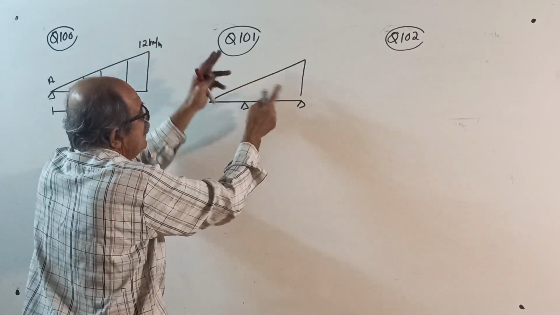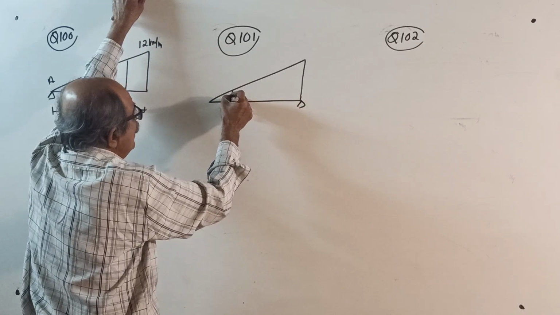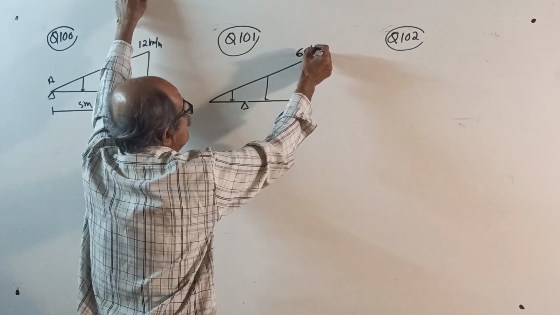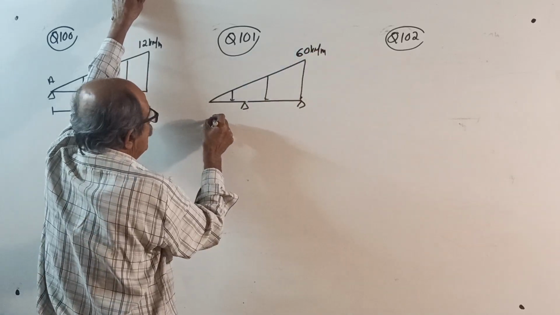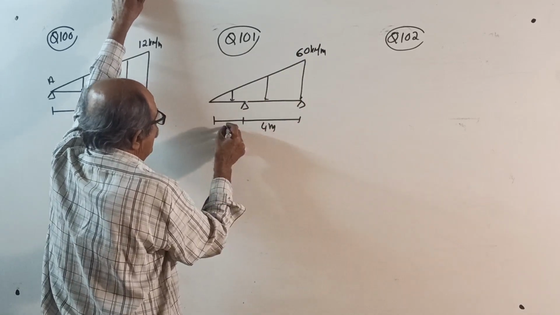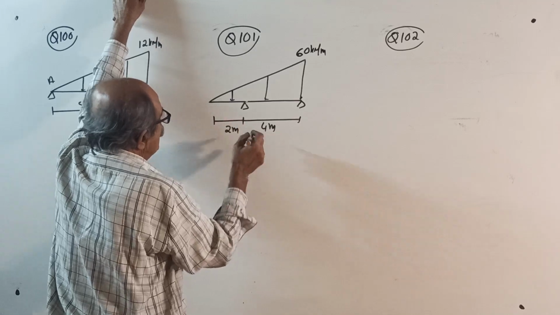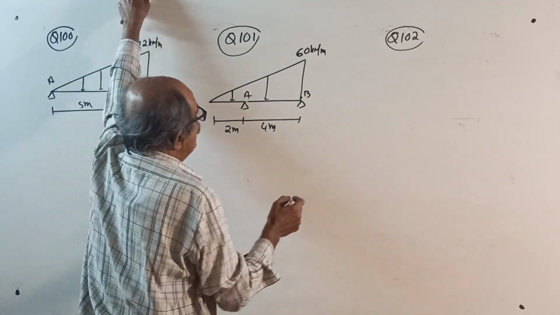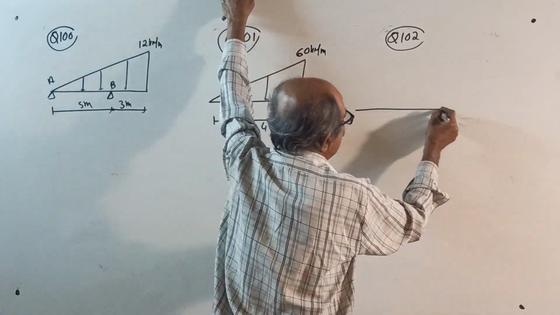But when you take moment about A, you have to split it. Or you have to apply the trick I told earlier. 60 kN per meter. 4 meter and 2 meter. Okay, AB. Next I will take one more question.